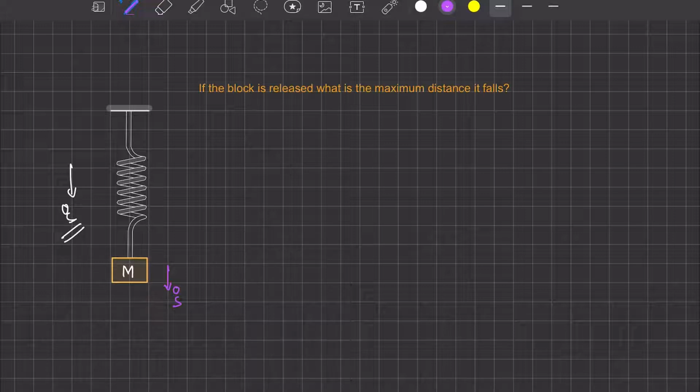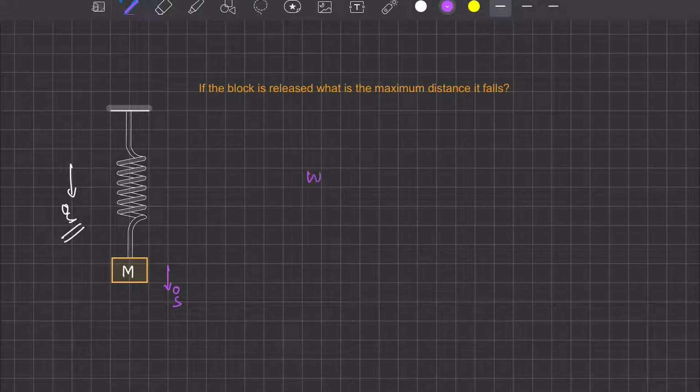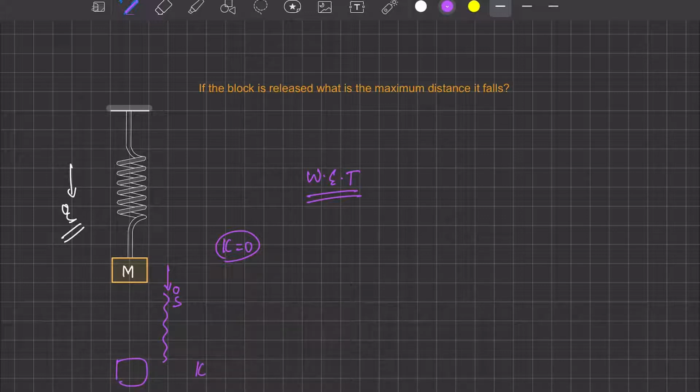Now think, initially here if we use the work energy theorem, see, when we just release the system, its kinetic energy is 0, and when it is at its extreme position, at that time also its kinetic energy will be 0.